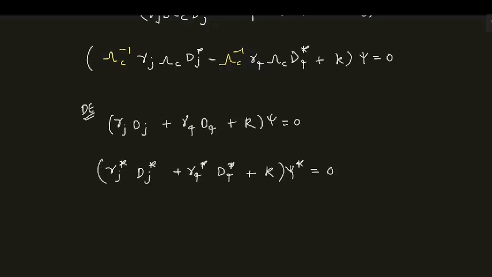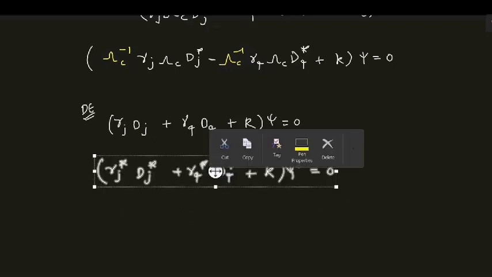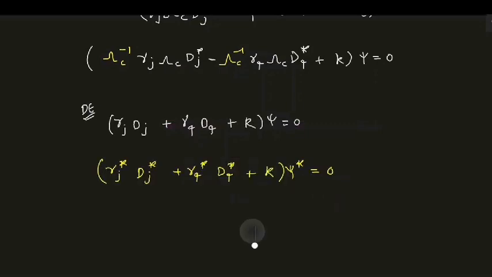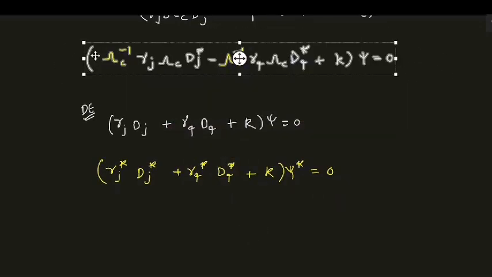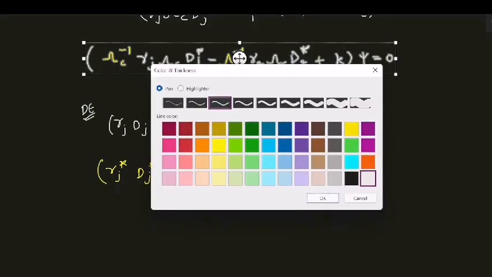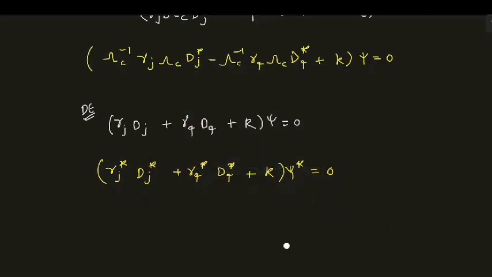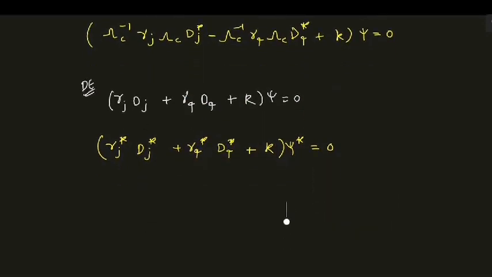So now simply compare the coefficient of dj stars in these two equations and d4 star. Okay, so comparing coefficient of these two equations, let me change the color of these two equations for you. Let me turn it to yellow and also this one to yellow. So now when you compare the coefficients of dj star and d4 star in these two equations, what do you get?